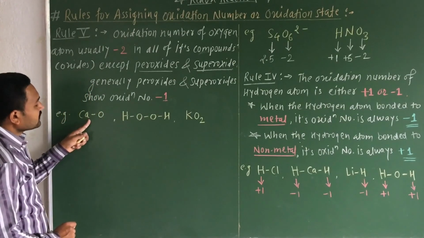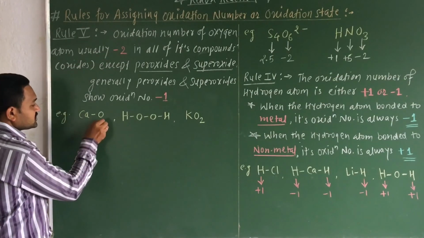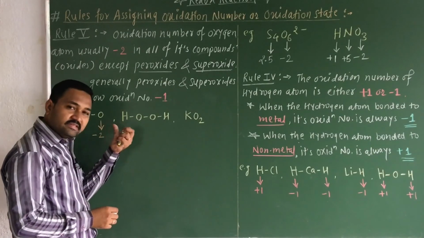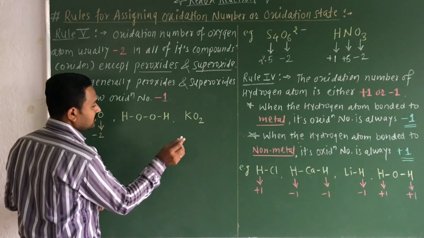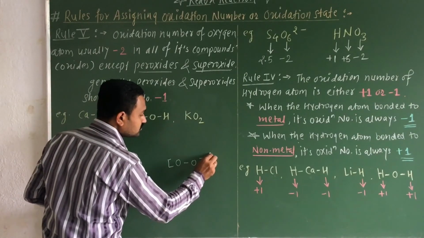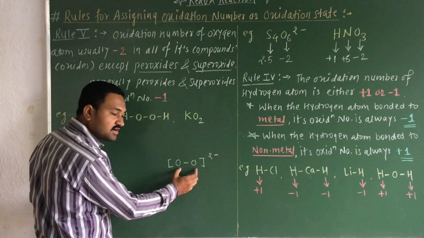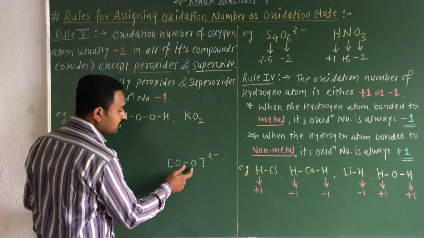Now this is nothing but your calcium oxide. Okay, now obviously its oxidation number will be -2 here. Now in the next example, this is the example of your peroxides. Okay, we know that O2 2 minus is considered as a functional group of your peroxide.